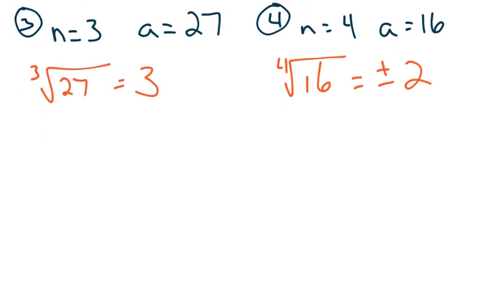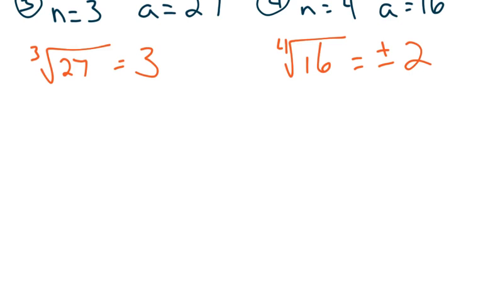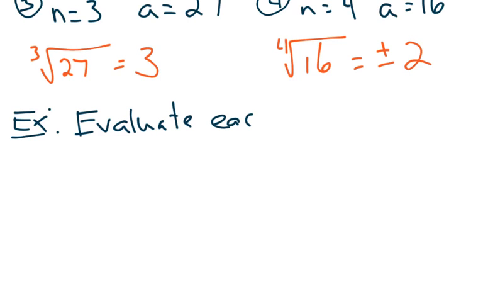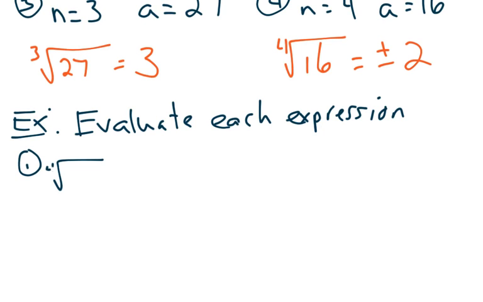All right, let's try some more examples, but slightly different wording. So, example, evaluate each expression. Okay, number 1. I'm going to just straight up give you the 4th root of 81.